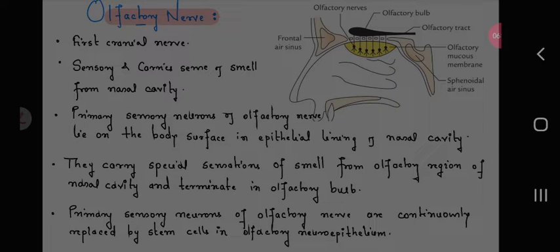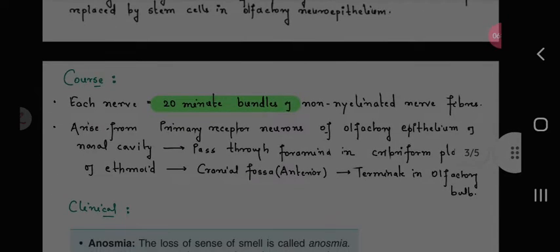Primary sensory neurons of the olfactory nerve lie on the body surface in the epithelium lining the nasal cavity. They carry special sensation of smell from the olfactory region of the nasal cavity and terminate in the olfactory bulb. They are continuously replaced by stem cells in the olfactory neuroepithelium.